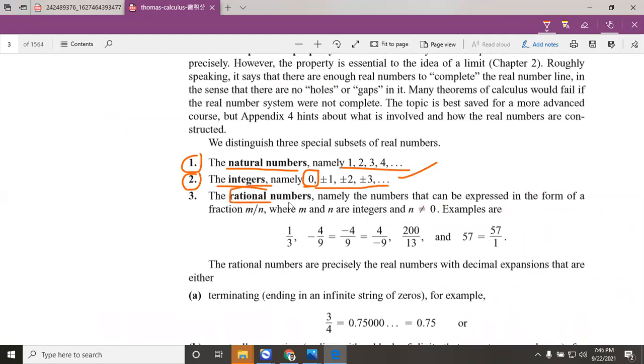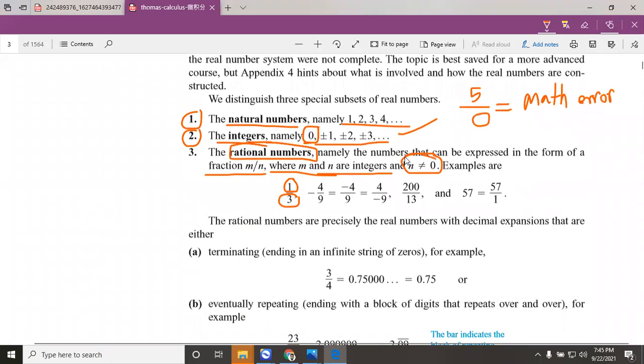So rational numbers are of the form m by n, where m and n are integers, and n must not be equal to 0, okay. Why? Because if n is 0, like 5/0, this is unspecified, or this is a math error. So that's why n cannot be 0.